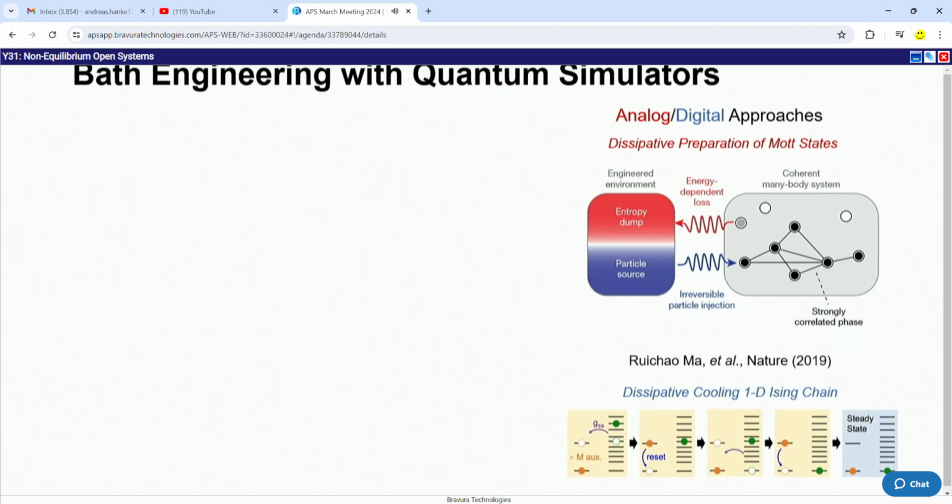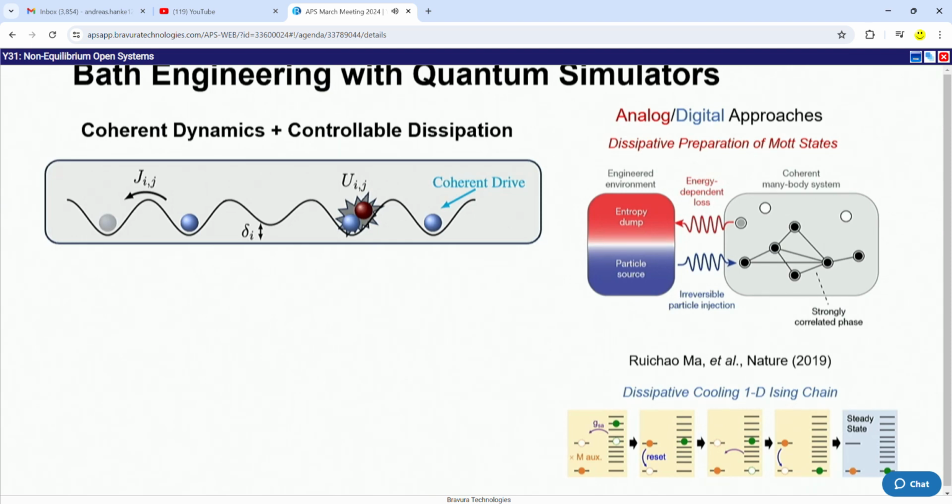An open quantum simulator contains two main components: the coherent dynamics and the controllable dissipation. For a concrete example, here I show a bus-coupled lattice system. For the coherent part, we have short and long-range hopping, on-site and many-body interaction, disorder, and we may also have a coherent drive.